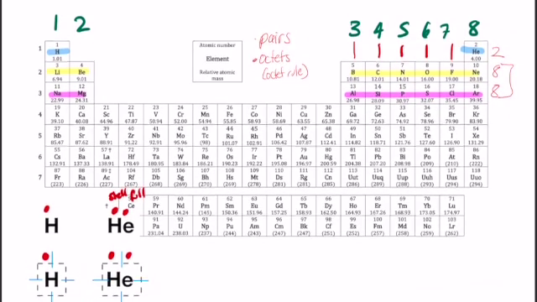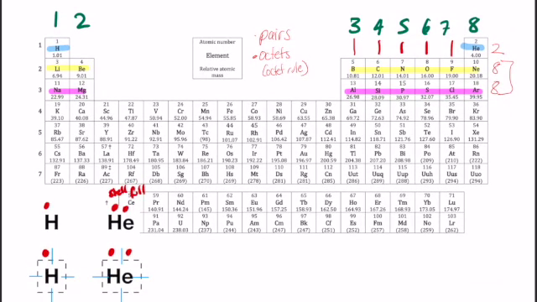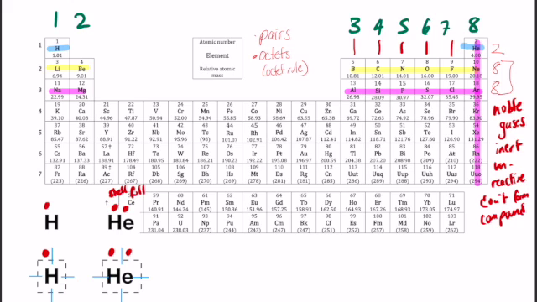And this column of elements over here is called the noble gases. They are inert. They are unreactive, meaning they don't form compounds with other elements.